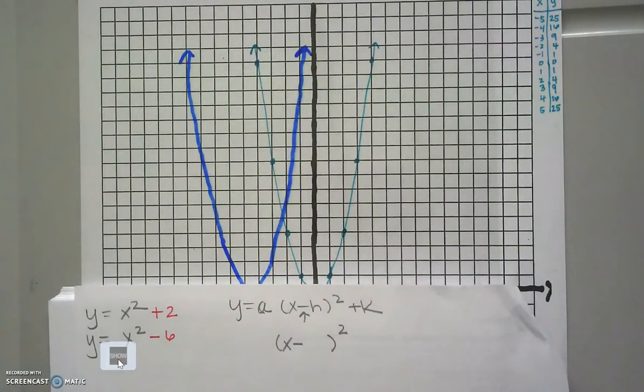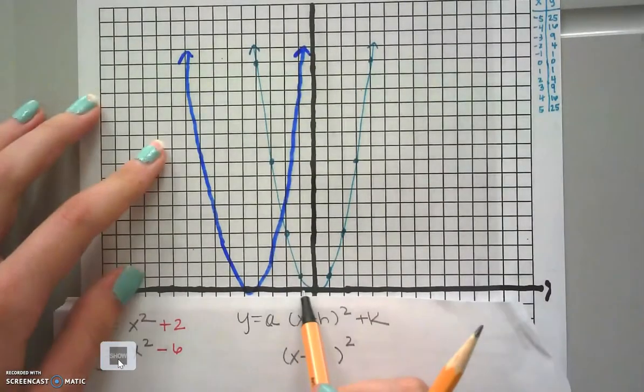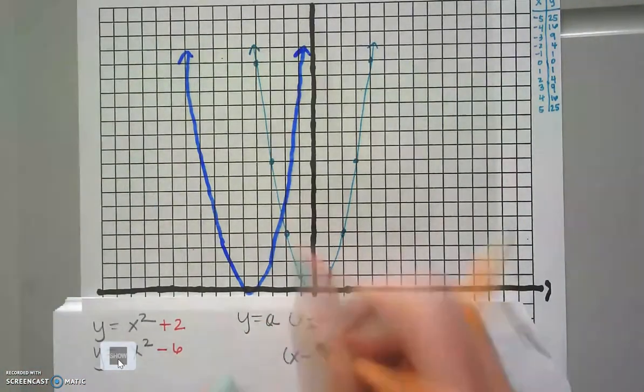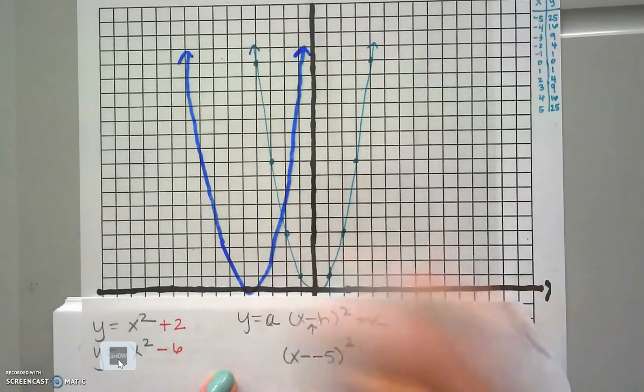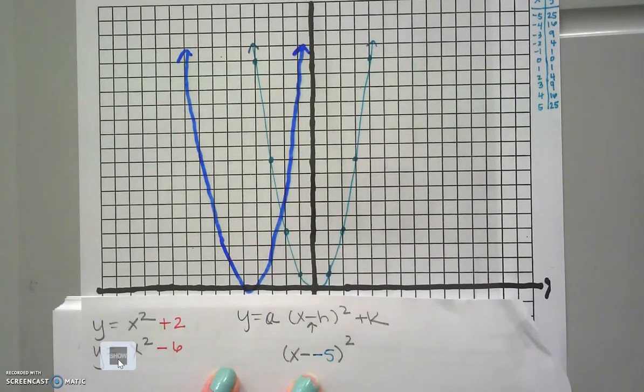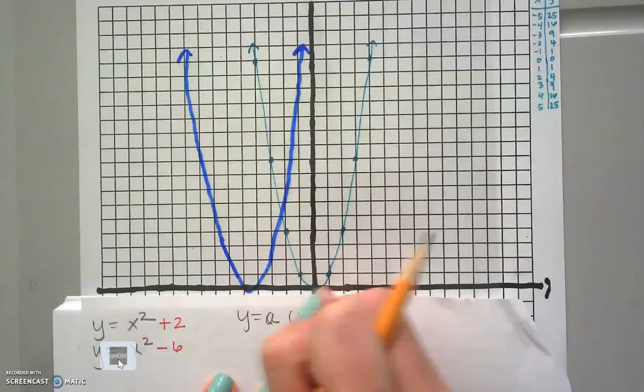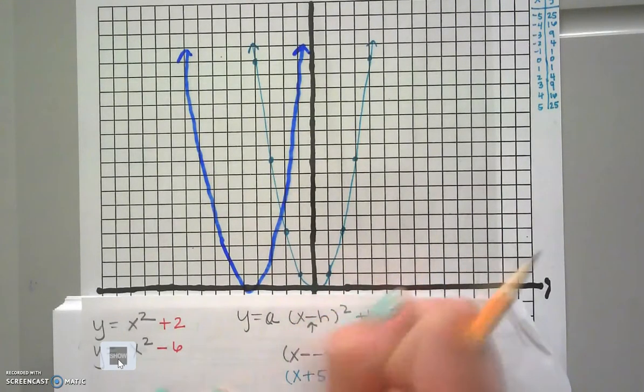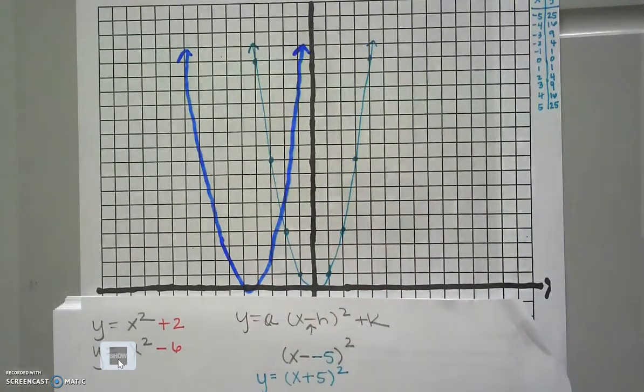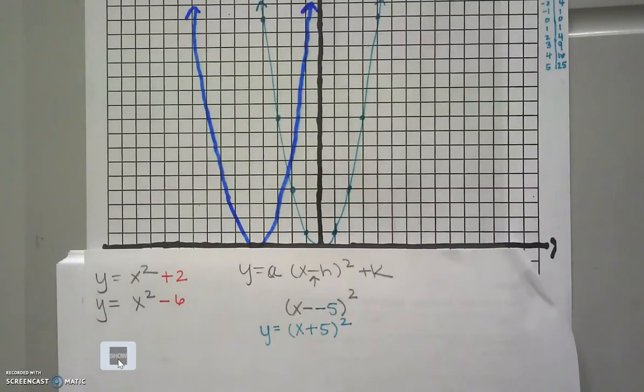So if I tell you to head to the left, that value right here is really a negative 5. Well, what is minus a negative? It's a positive, so this is really x plus 5 squared. That's why we do the opposite. That's the best explanation on why we do the opposite.